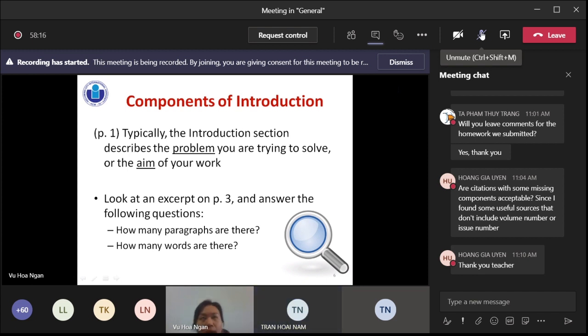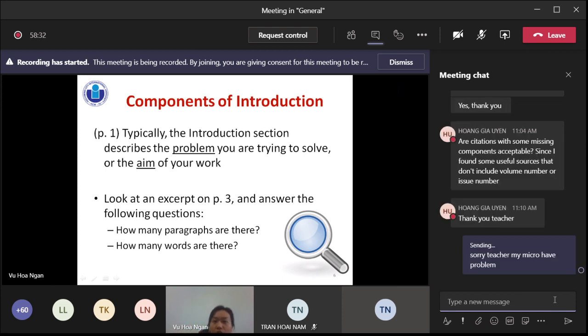So you can see that the introduction actually is quite different from an essay, right? In essay writing, you just have one paragraph for the hook, for background information, for the thesis statement.